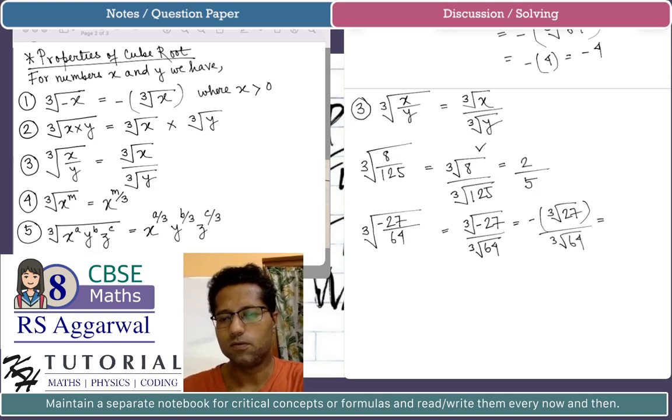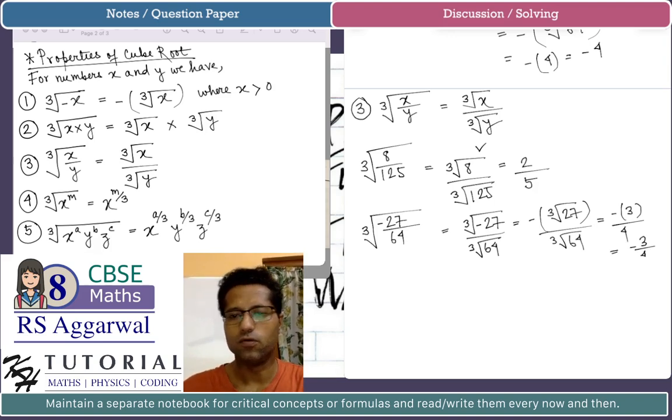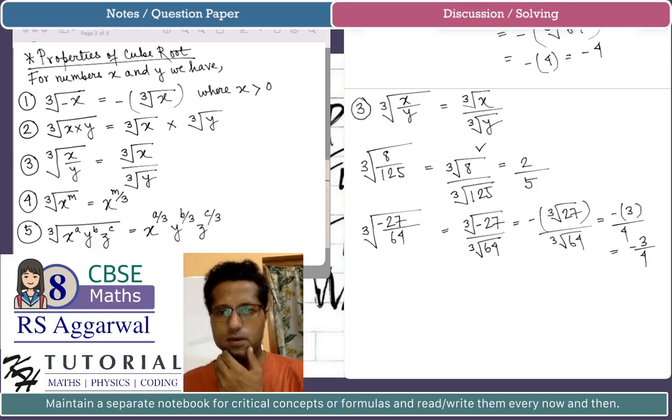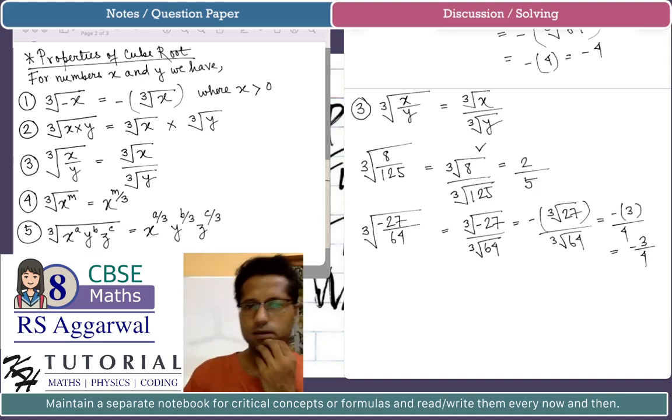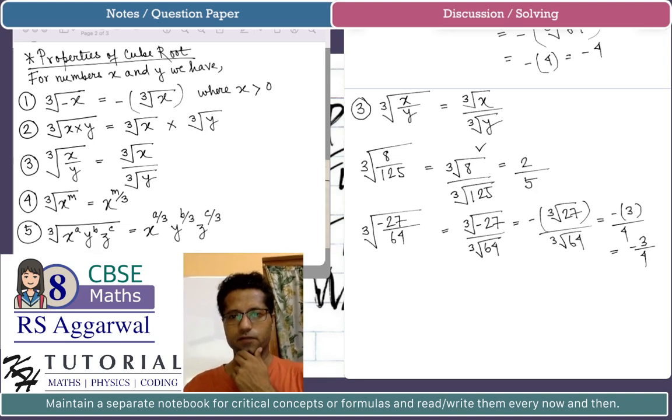So cube root of 27 is 3, we are having negative 3 divided by 4. So this is equal to minus 3 by 4. So this was an example where both x and y are perfect cubes, irrespective of their sign.